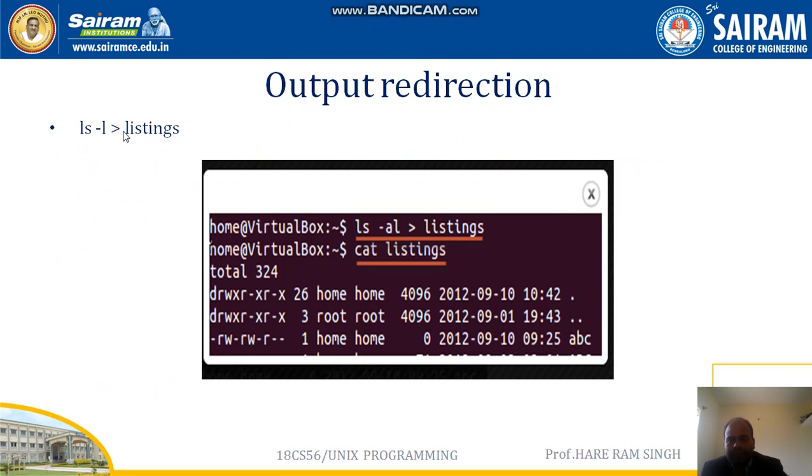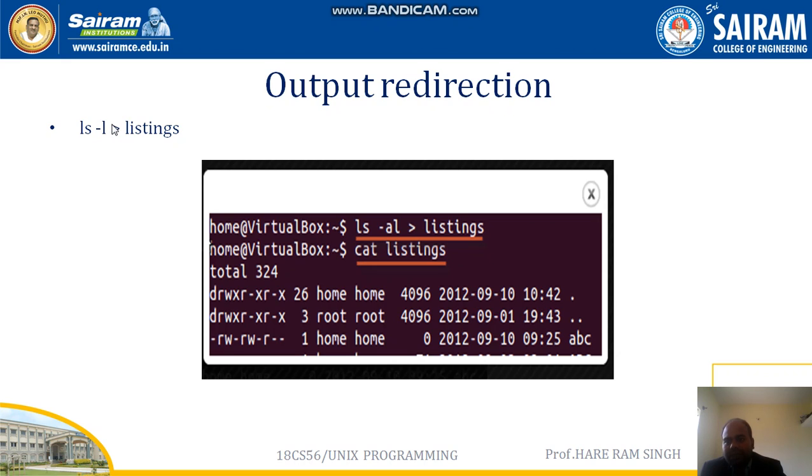Now, for example, you can see one screenshot I have shared for output redirection. ls -l, what is this? It displays all the files with 7 attributes in the current working directory.